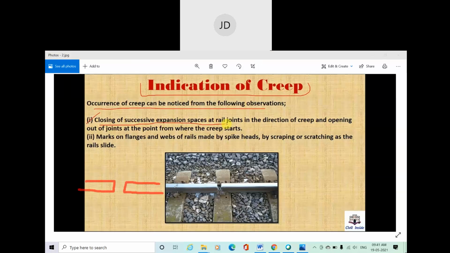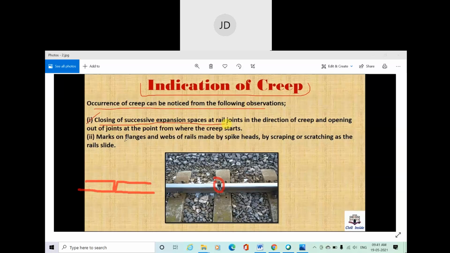If this rail moves in this direction, it closes in on the successive rail, and the gap will increase at one end and decrease at the other because it has shifted. Closing here, and expansion here, you can see the expansion of the rail joint. Fine. So by seeing this, you can tell creep is occurring.